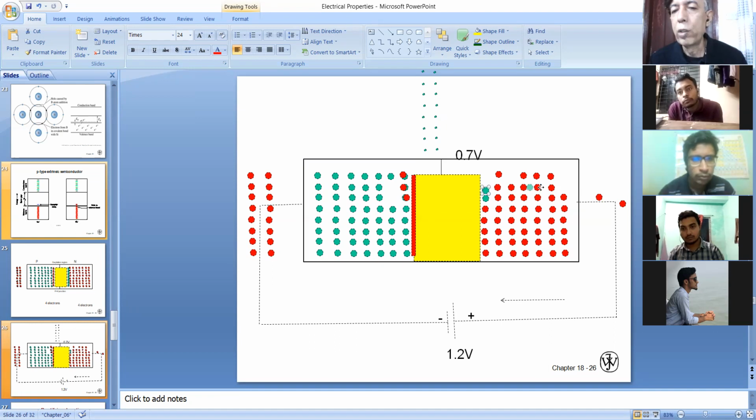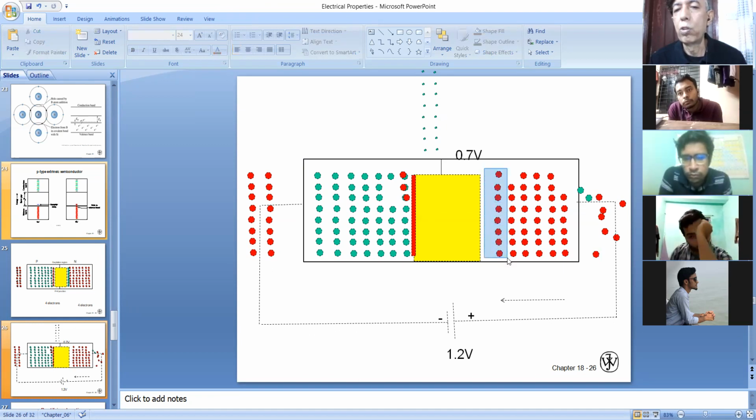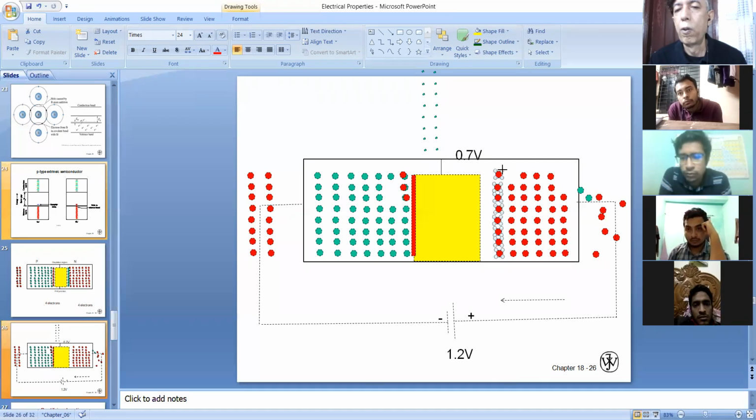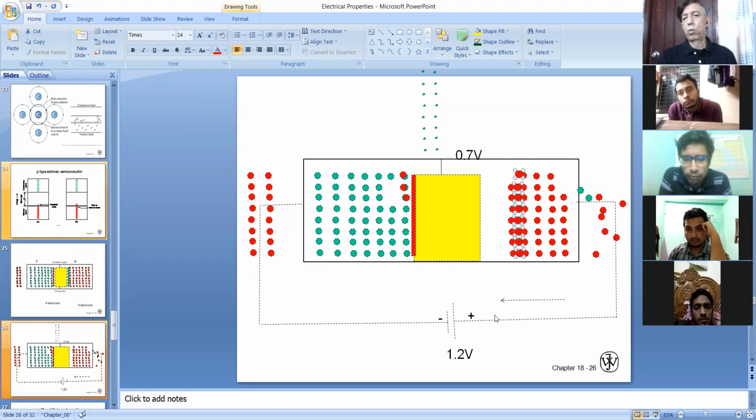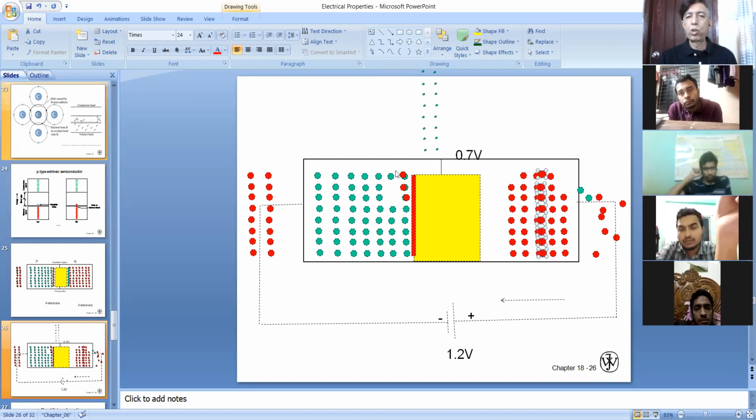So accordingly, this will also go there, this will also go there, and this will also go there. These electrons will also go to this side, and this is negative, so these electrons will also go to this side.